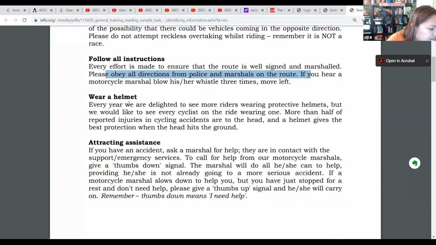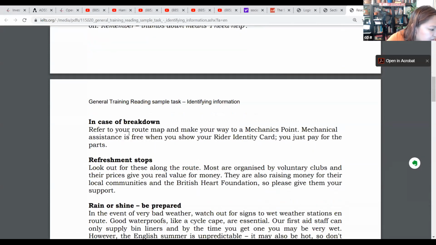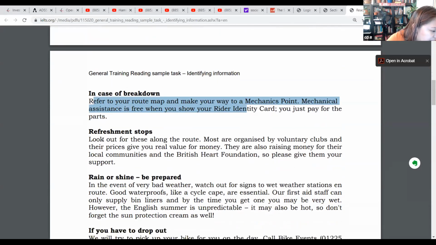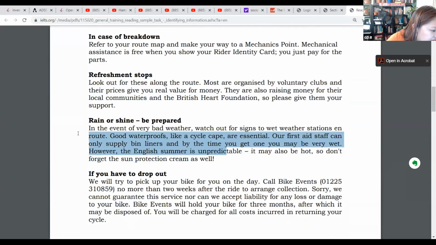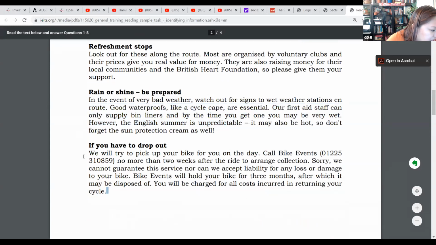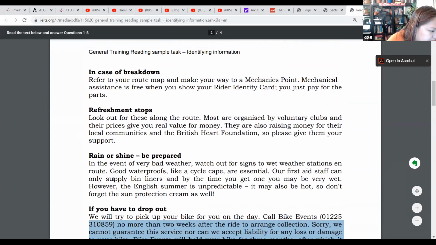Nothing. Here, nothing. Here, nothing. Okay, there's the rider identity card here. So it's only from this paragraph. This one, nothing. Just to be on the safe side, here also nothing. So let's go back to that.